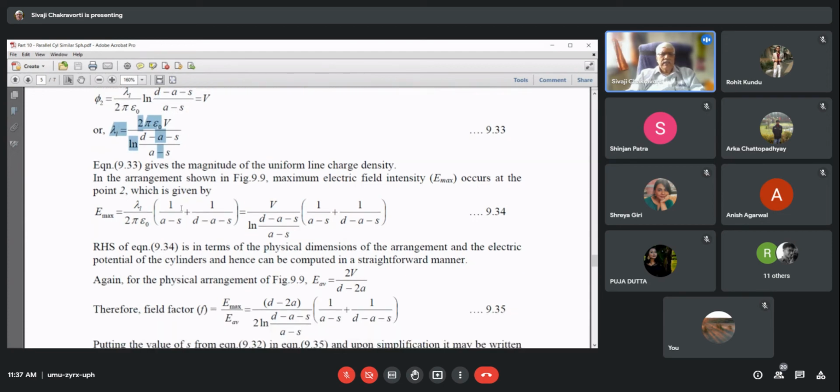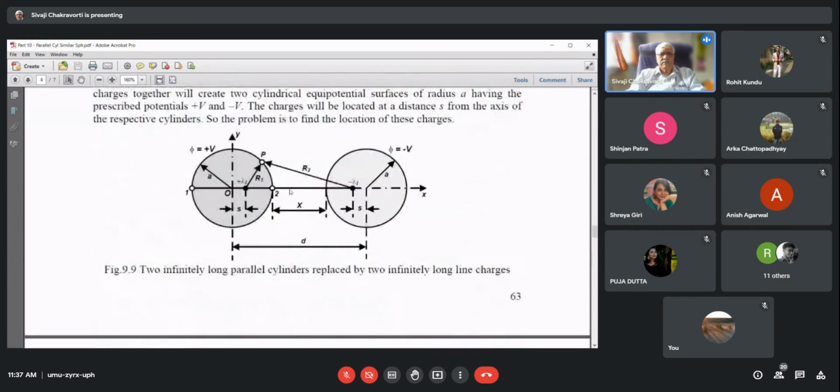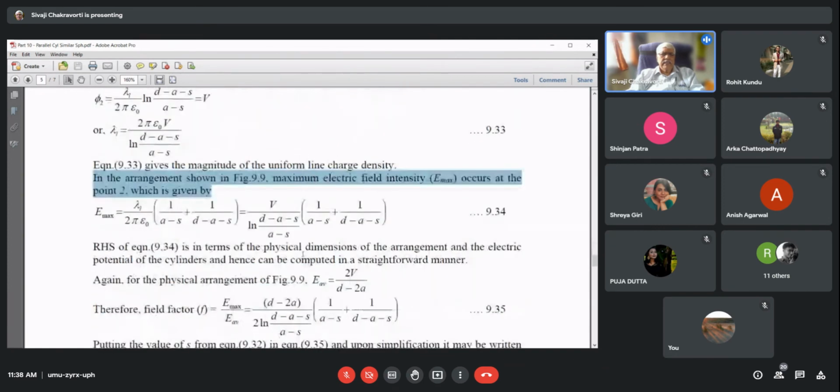And therefore, if I consider what is the maximum electric field intensity in this system, well, the answer is very simple. The maximum field intensity occurs at the point 2 where the distance between the two cylinders is minimum. And that minimum distance is nothing but x. And x is nothing but d minus 2 times the radius, d minus 2a. And how do I find the field intensity at this point?